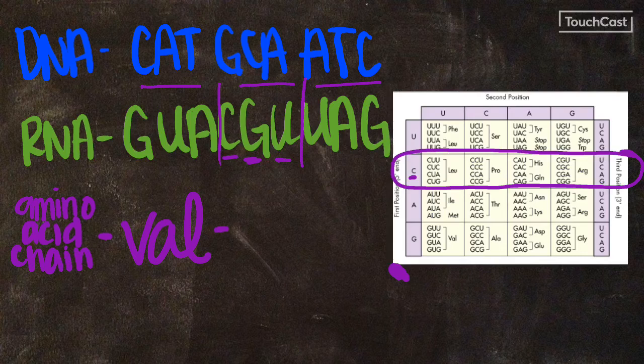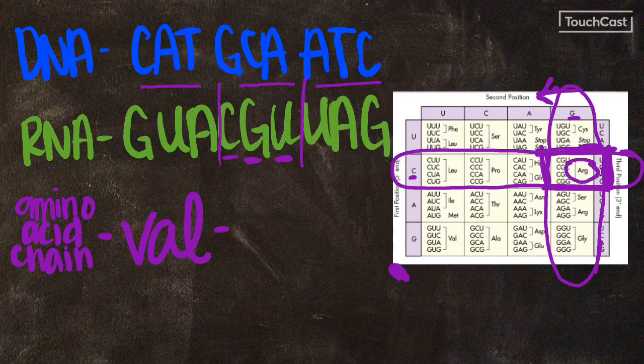My second position, labeled second position here, is a G, so I'm going to circle that entire column. And I'm going to find where those rows and columns overlap. I then look at my last letter, U, to determine that my amino acid is ARG.